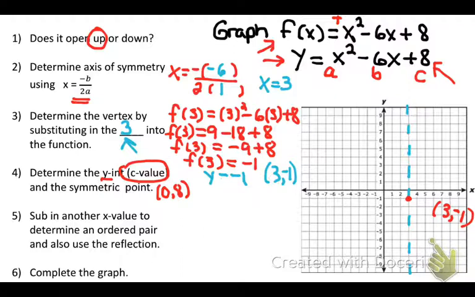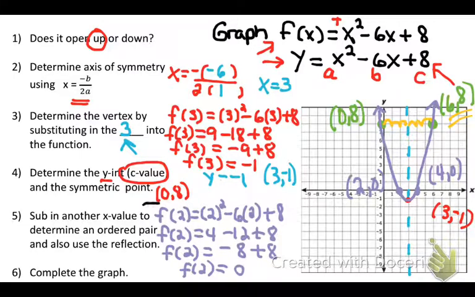Then using your axis of symmetry, you're going to determine the second point. You can see we have 0, 8, 1, 2, 3 places from the axis of symmetry, and then we go 1, 2, 3, and that gives us the ordered pair 6, 8. Now you're just going to choose another x value and then determine its reflection and then complete the graph. So pause the video and do that, and then we'll see if our graphs match.